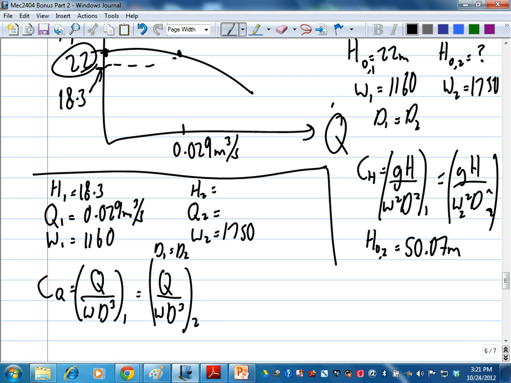What's Q2? Q2 is just 0.029 times 1750 divided by 1160. So what is that? 0.044 meter cube per second.